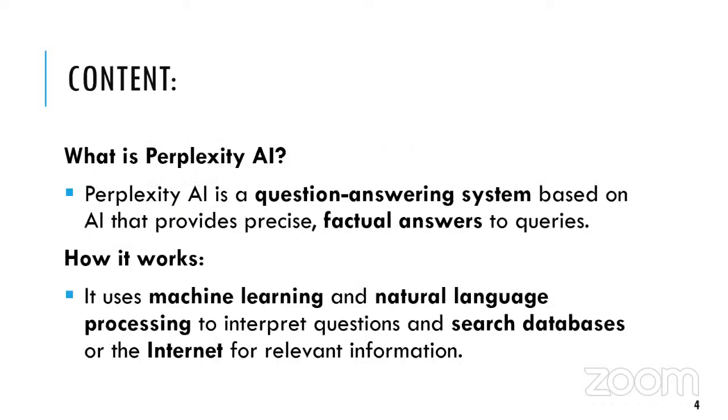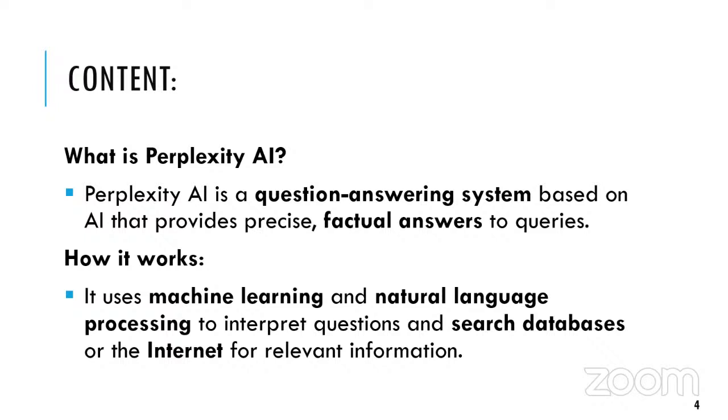So what is Perplexity AI? It's a question answering system based on artificial intelligence that provides precise, factual answers to queries. When you ask a question, Perplexity AI will proceed right into the internet by searching for sources.